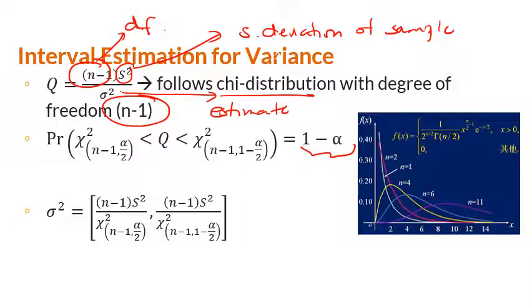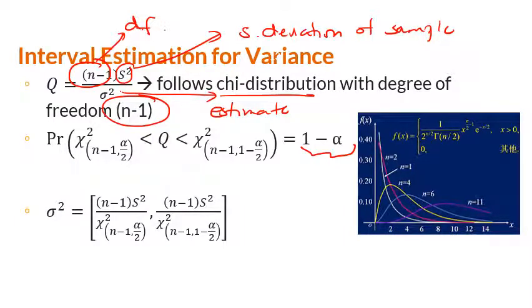Take note, class, unlike your t distribution and your normal distribution, your chi-square distribution is not symmetric. So you would look at the value of your chi-square distribution, in which yung left tail probability is alpha over 2. And then you will look at the value of your chi-square distribution, in which your probability is 1 minus alpha over 2.